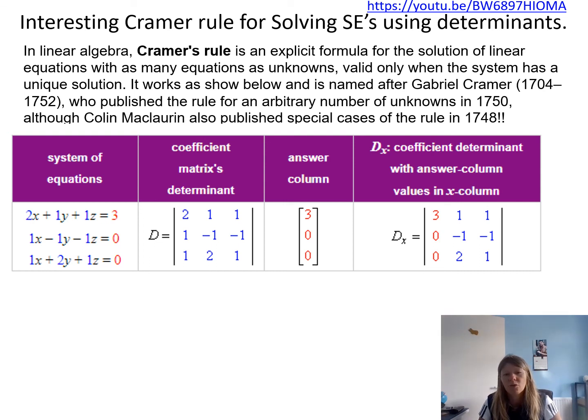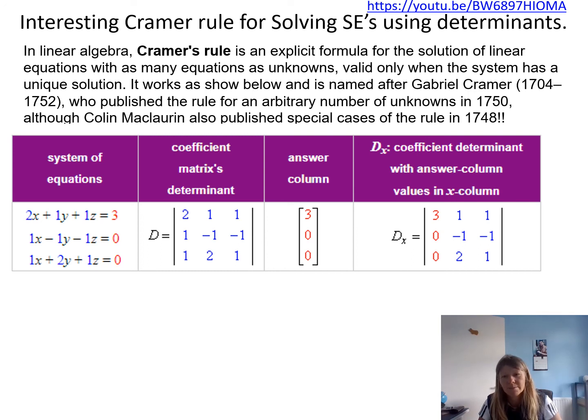It is named after Gabriel Cramer, 1704 to 1752, who published the rule for an arbitrary number of unknowns in that year, although Colin Maclaurin also published special cases of it in 1748. So it's one robbing from another again. These naughty mathematicians were always fighting over who solved what.